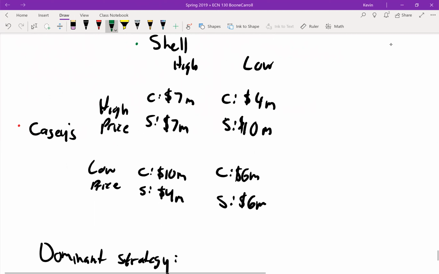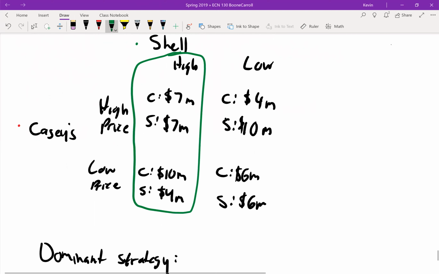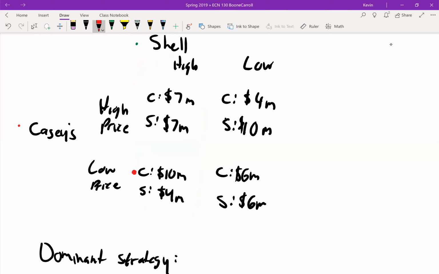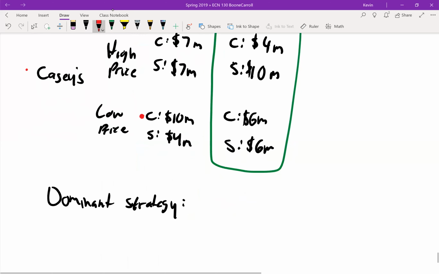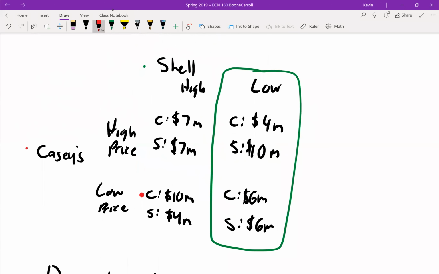If I'm Casey's and I know that Shell's going to charge a high price, I have a choice to either make $7 million or $10 million, in which case I'm going to pick that $10 million and go low. Similarly, if I know that Shell is going to charge a low price, I have a choice to either have $4 million or $6 million, in which case I'm going to charge a low price and take that $6 million.